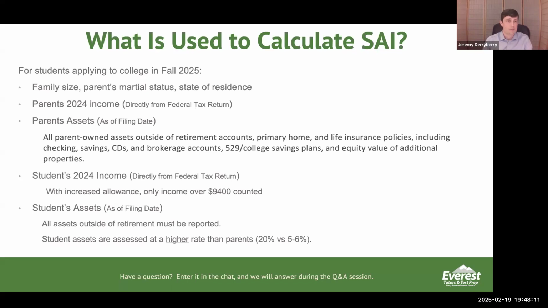So while you may have a lot of money in your name, if your student has a lot of money in their name, that is actually going to count negatively against them versus the same amount if it was in your bank account. So moving assets to your student is not necessarily a good idea. Maybe they've received gifts from people and they have money in their bank account or investments or things like that. It is going to look at that information when it's calculating the SAI. So that's important information to know.